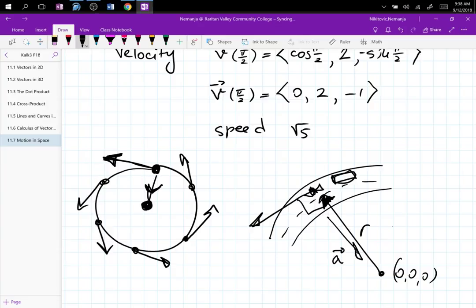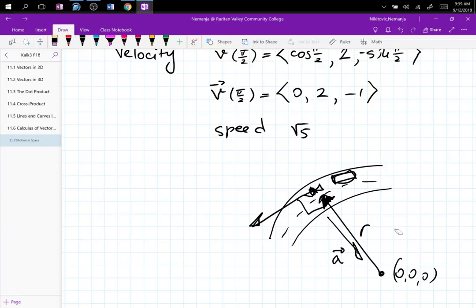And there's your gravity for planetary motion. Yes? So would the direction of your velocity vector be orthogonal to the position vector? Always. They're always orthogonal. And acceleration will always be orthogonal to the velocity.